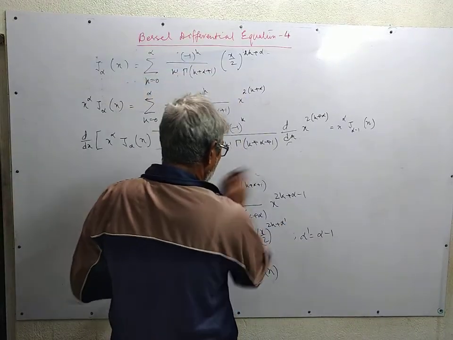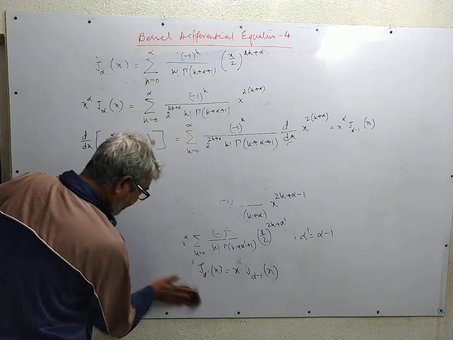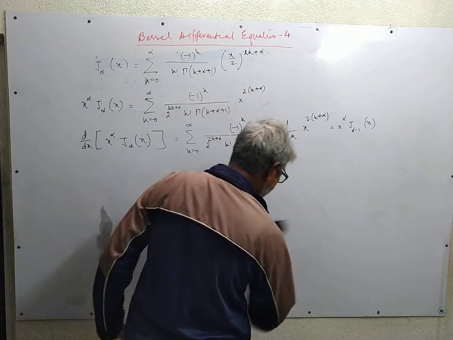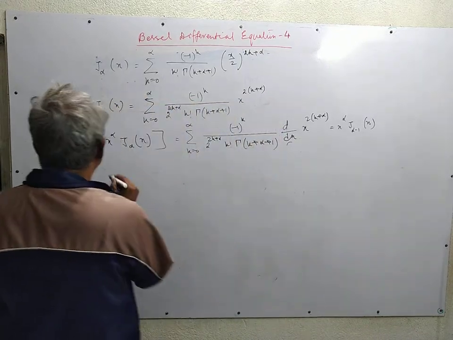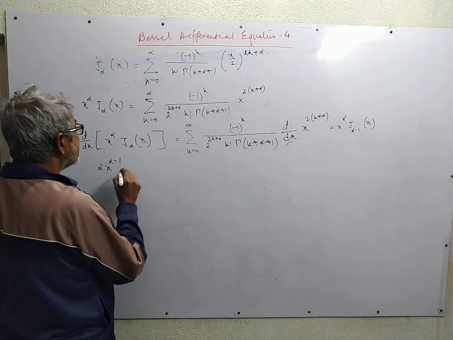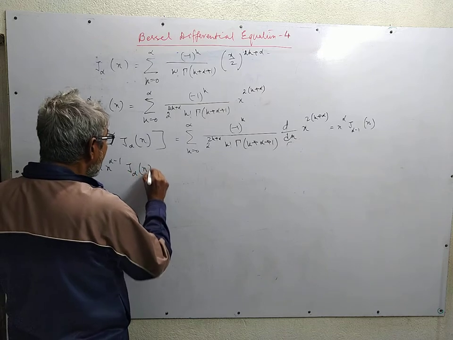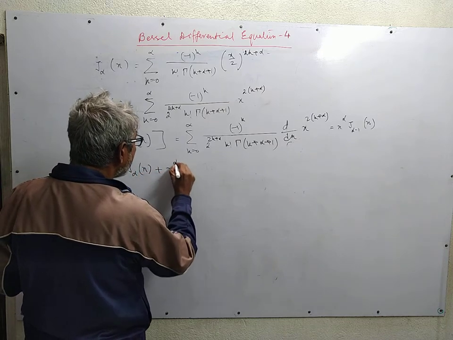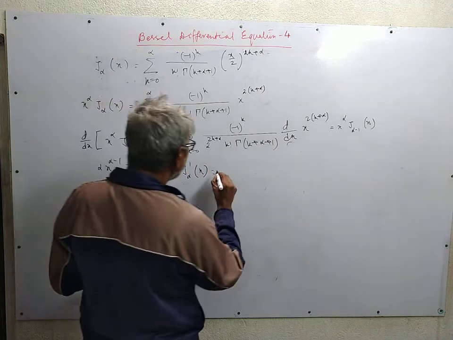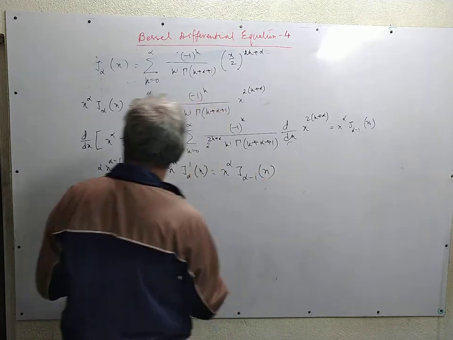Now we differentiate the left hand side of this relation with respect to x, so that we get first term is alpha x to the power alpha minus 1 J of alpha of x plus x to the power alpha J alpha prime of x is equal to x to the power alpha J of alpha minus 1 of x.